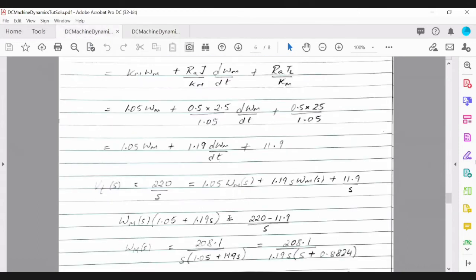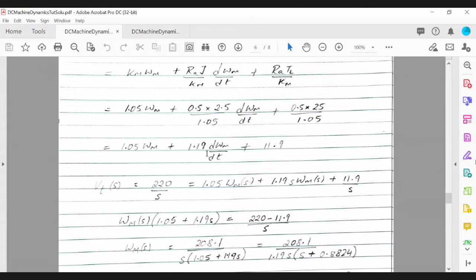So with this step in the voltage, the terminal voltage of the machine then will be 220 over S. That's your step voltage. And that's the expression that we apply the Laplace transform to. So you end up with 1.05 omega ms.